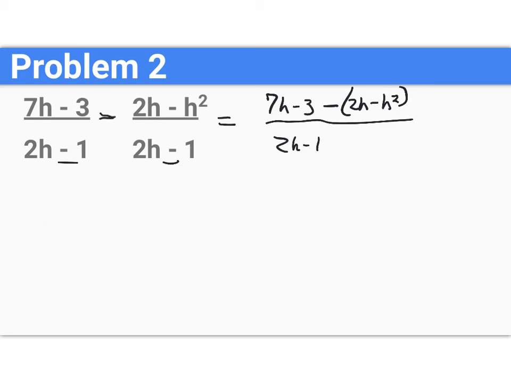You're not subtracting just 2h. You're subtracting the whole thing. This minus sign is a -1 and has to distribute to here and to here. So watch when I rewrite it. 7h minus 3 minus 2h, a negative times a negative is a positive, plus h squared all over 2h minus 1.